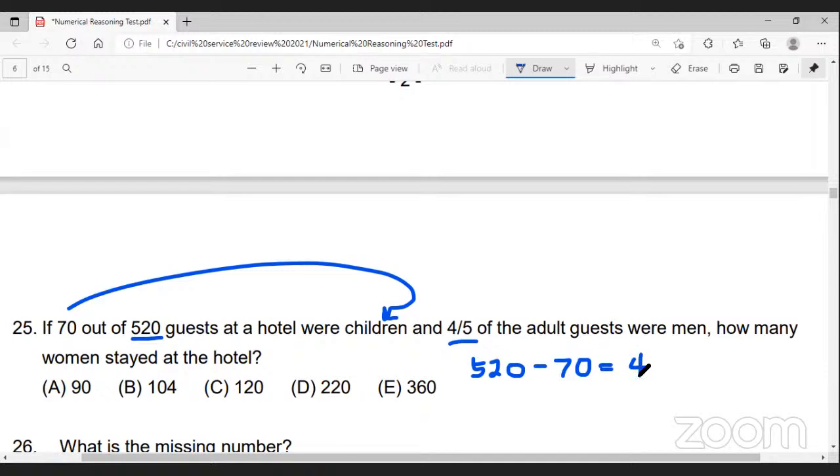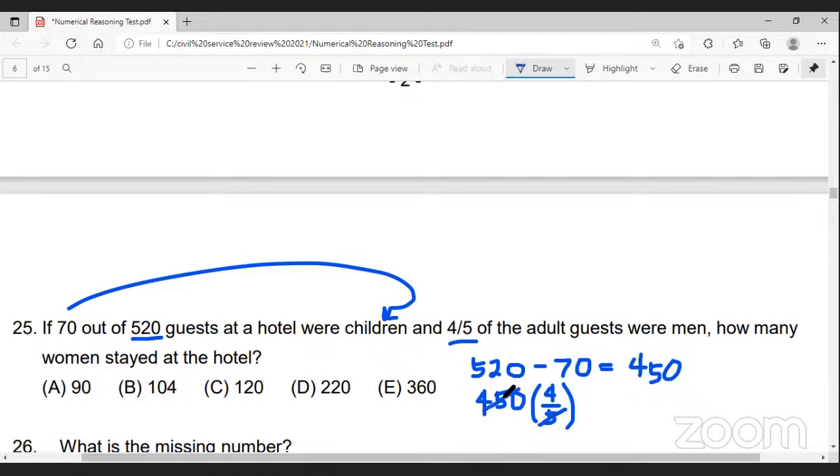Subtract. That's 450. Agree? That's 520. Yes, ma'am. We will get the 4/5 out of 450, and that would be the number of men among the guests.